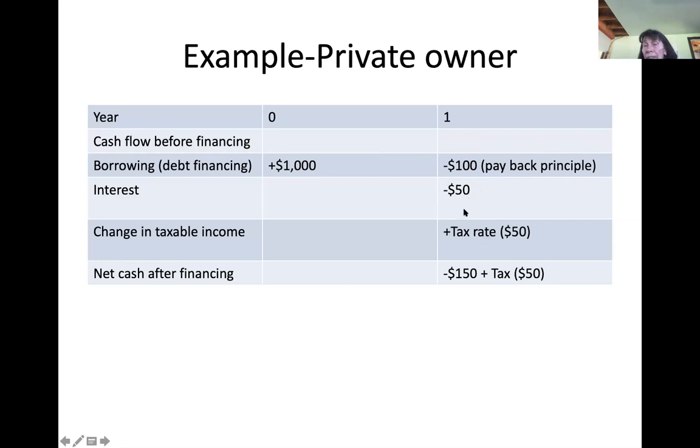So you multiply that by the tax rate and you can actually add that back because that is a tax deduction. You take the $50 and you account for what you're actually spending on the interest that's tax deductible.